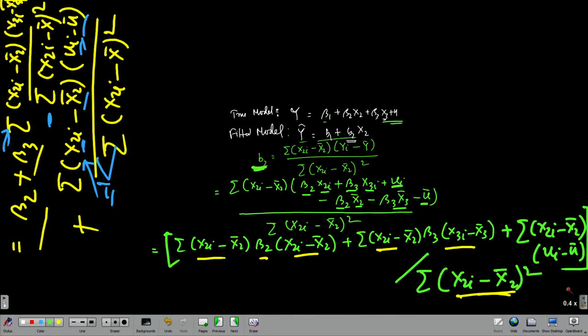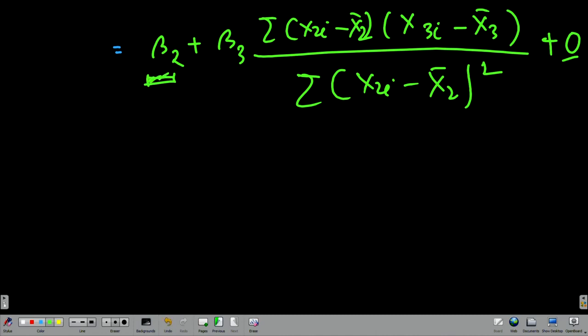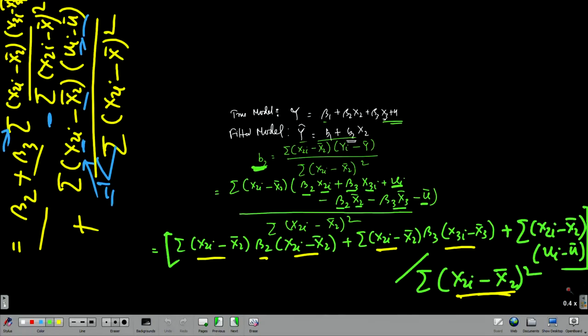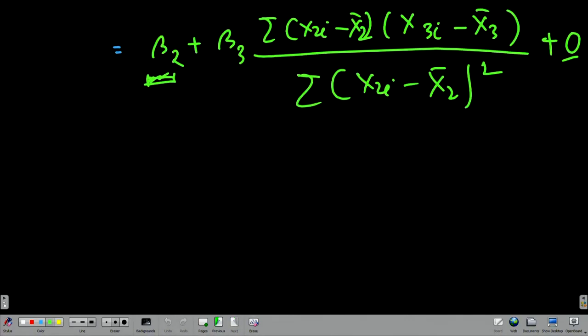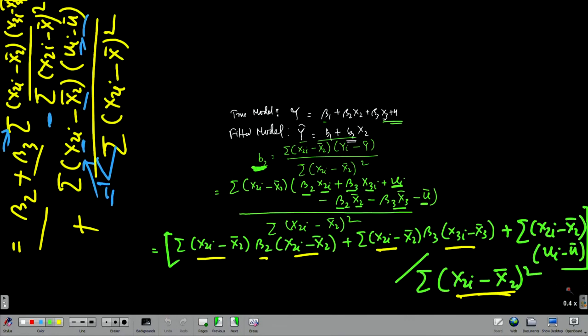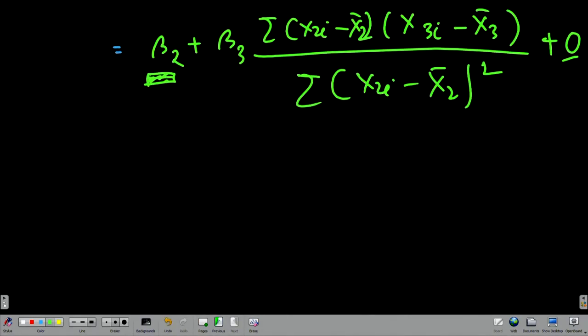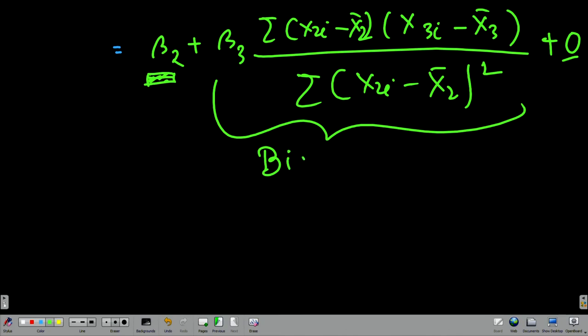So, B2 should result in beta 2 if I take expectation. From this equation, ideally B2 should represent beta 2, but we are getting an additional component of beta 3 into this term, and this is effectively representing the bias. So, this part is a bias in the model, this whole beta 3 into this term. Okay. So, what is the quantity of this bias?